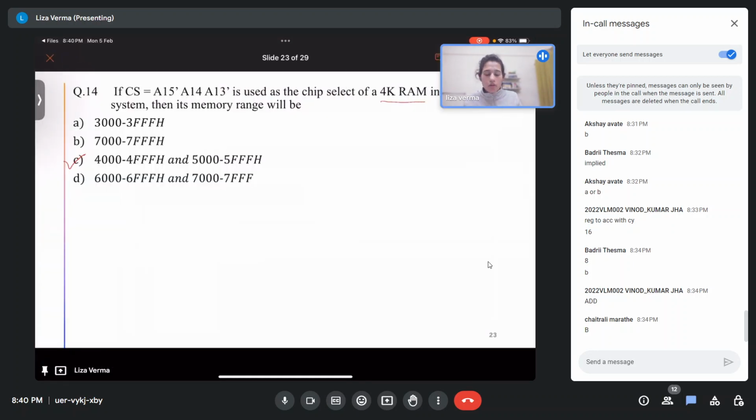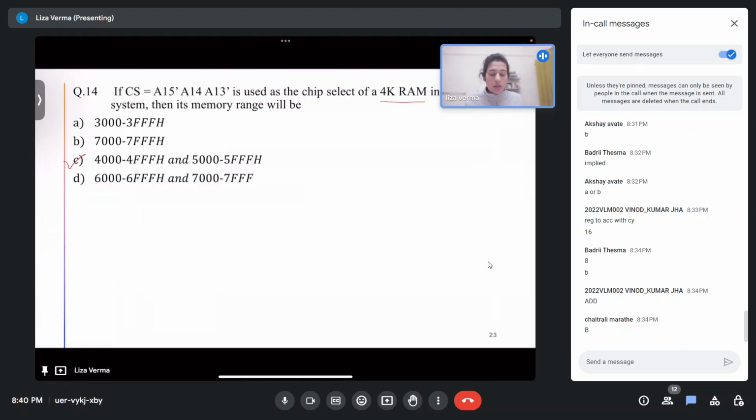I hope everyone knows by now that 8085 has 16-bit address lines, right? So this is A15, and this is A0.